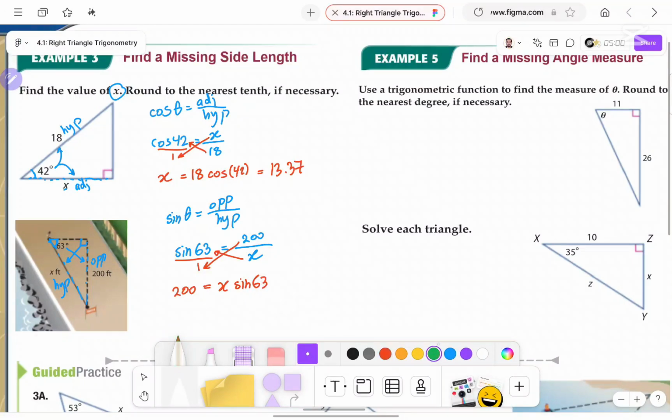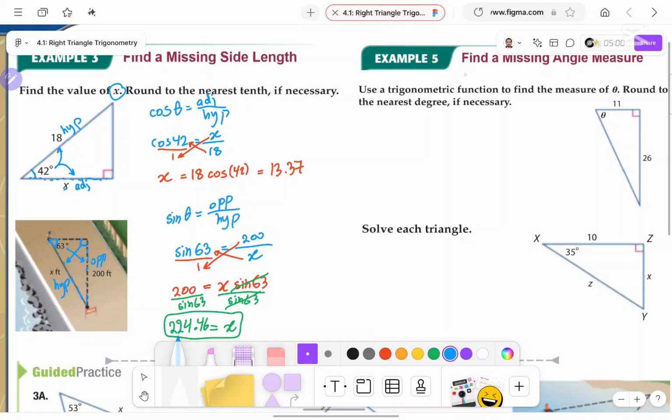Now I need to find x, so I have to divide both sides by sine 63. We cancel the sine, so x is equal to 200 divided by sine 63, which is 224.46. So this is the second question.